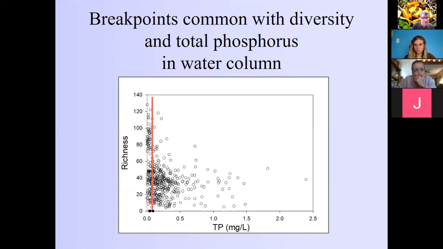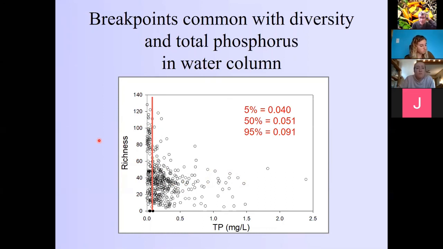You may have really low diversity, but you can have over 100 species. But where you have high total phosphorus, you really don't have a lot of species that often. It turns out there's a threshold here, and you can get this number statistically. You can put a confidence interval around it of about 0.05 milligrams per liter, which is about 50 micrograms per liter, right where we think the reference condition is.